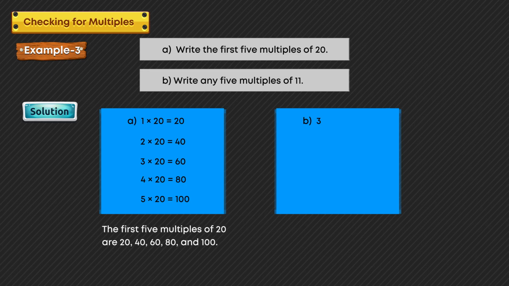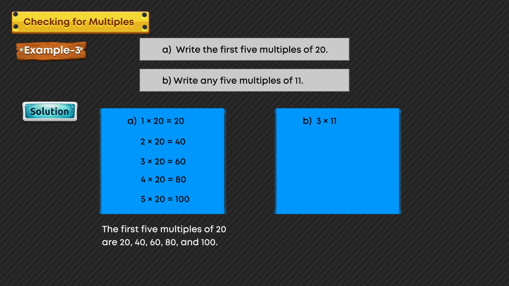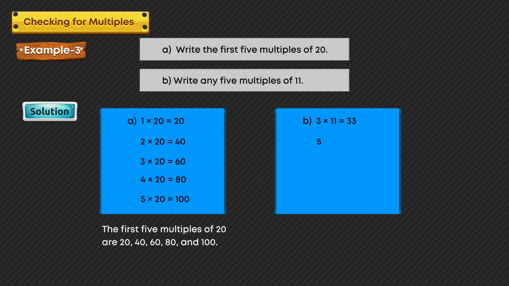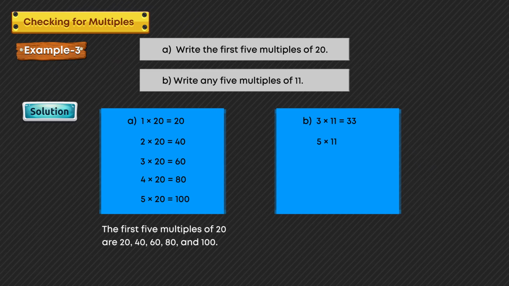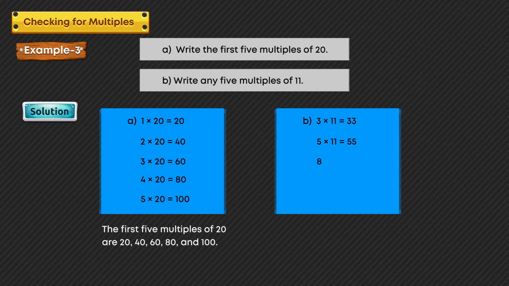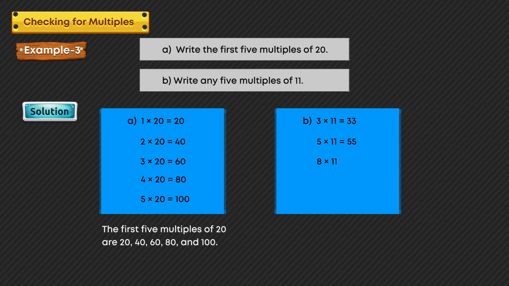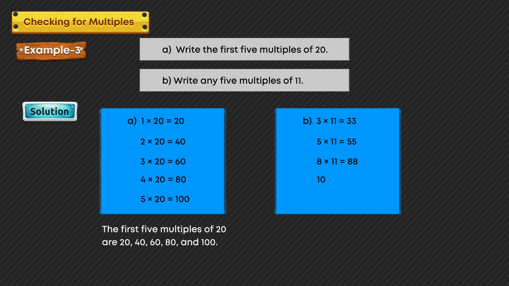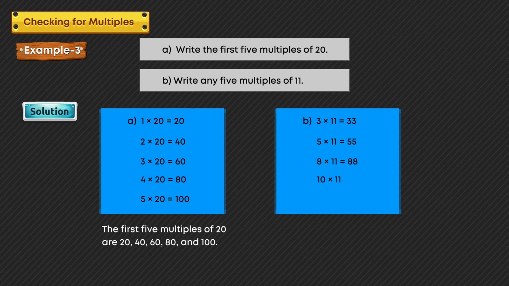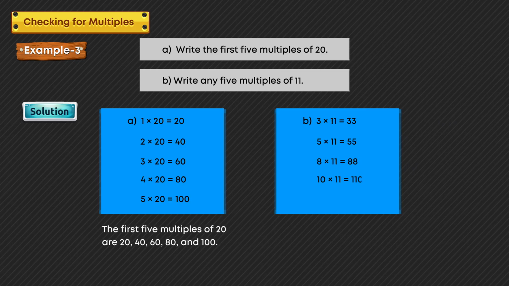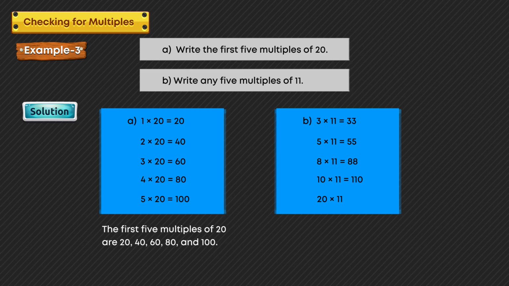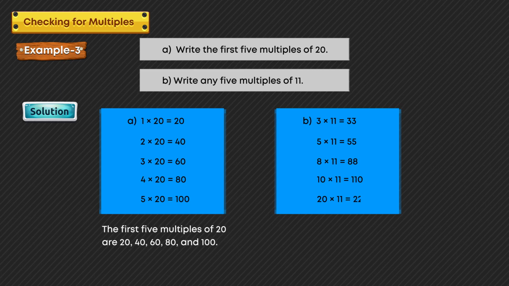B. 3 into 11 is equal to 33. 5 into 11 is equal to 55. 8 into 11 is equal to 88. 10 into 11 is equal to 110. 20 into 11 is equal to 220.